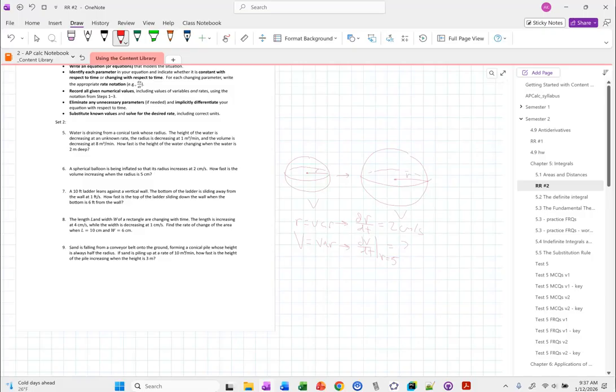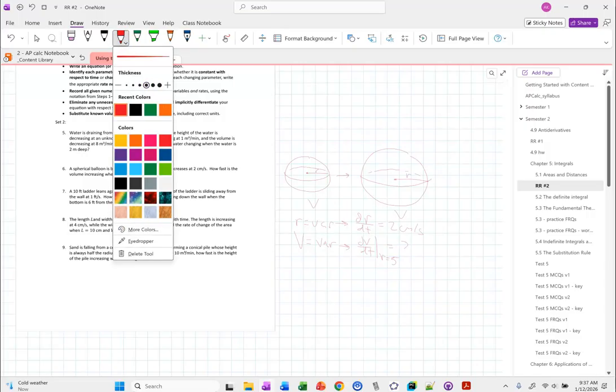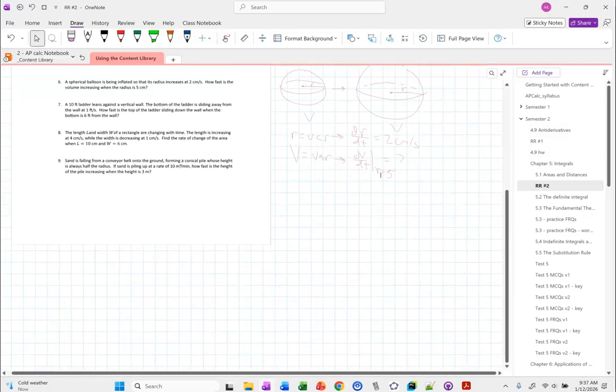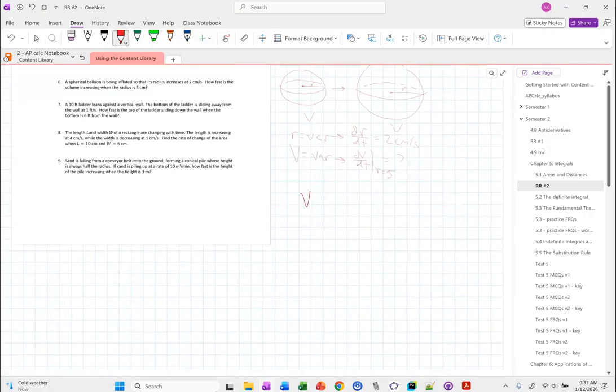So far, so good. Because I have one rate variable I'm given, the other rate variable is what I'm solving for. I should be good to go. Nothing to eliminate, no parameter that needs elimination. And this is getting a little thin, probably hard to see in the back. Let me make my pen thicker.